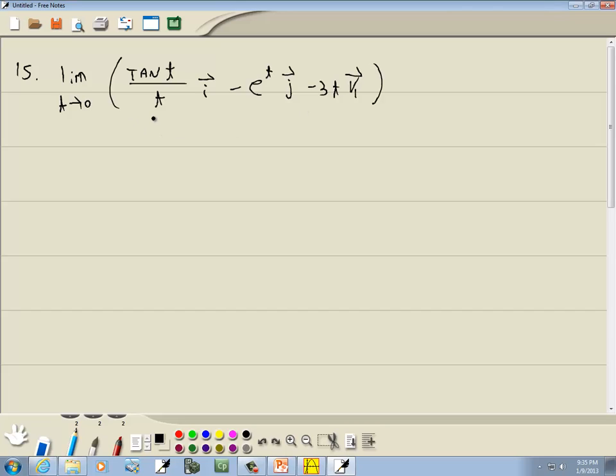If I plug in the 0 here, we're going to have tangent of 0. Now tangent is y over x, so we're going to have 0 over 1, which is 0. And if I put 0 down here, we have 0.